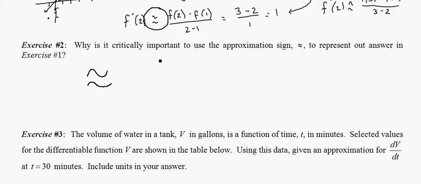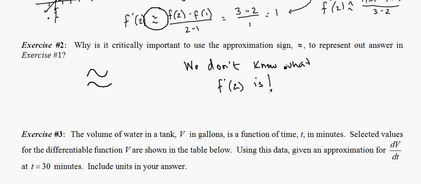But what I like about the approximation symbol is it really tells us that we don't know, right? So f prime of 2 is approximately 1, but honestly, I don't know what it is. And that's really the answer to number 2. We don't know what f prime of 2 is.